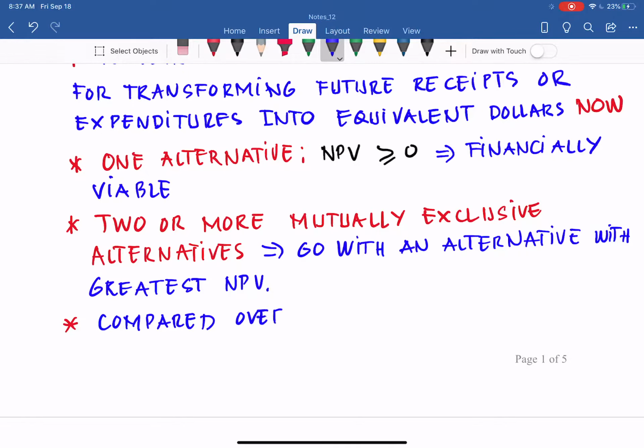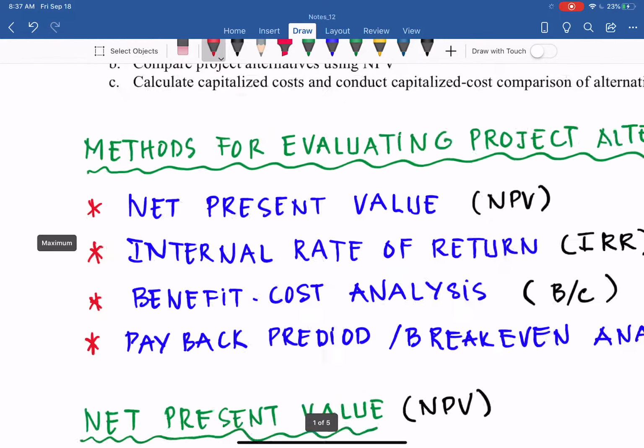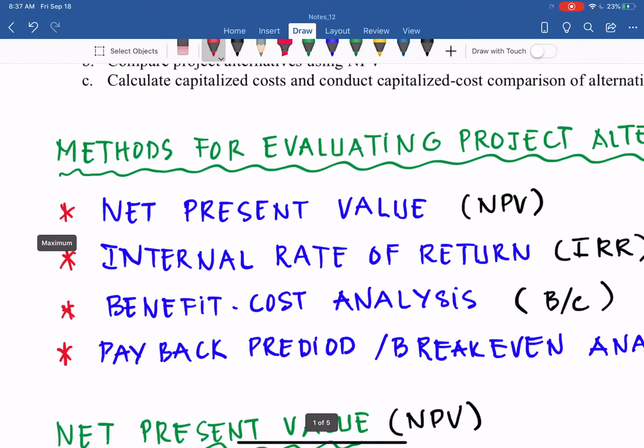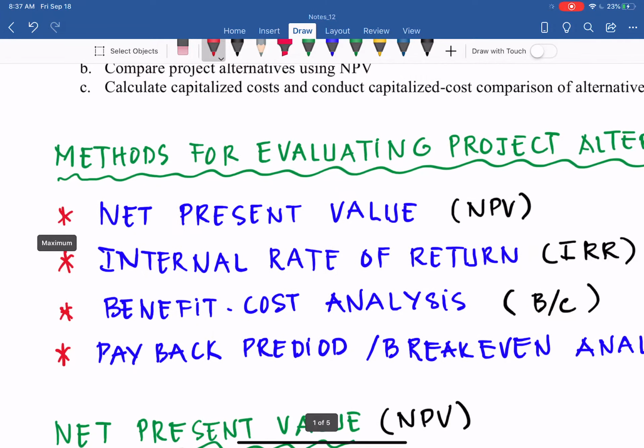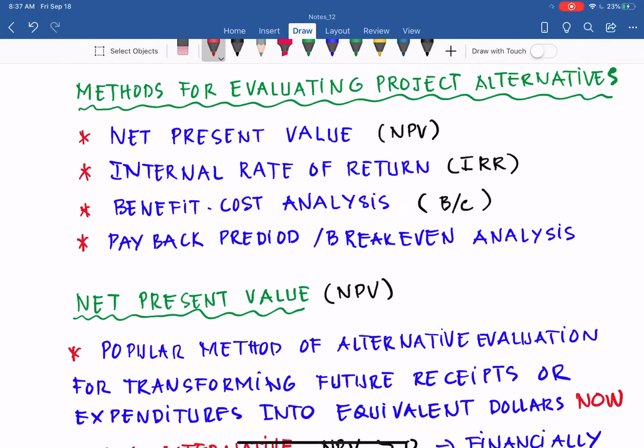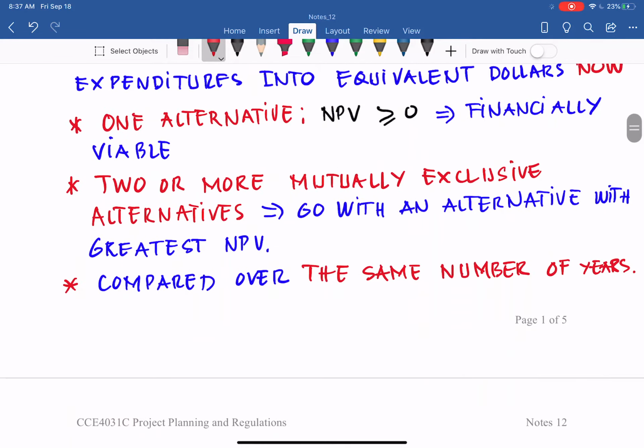For all alternatives, it has to be the same number of years. And that applies for the first three methods: net present value, internal rate of return, and benefit cost analysis. The first three have to be compared over the same number of years.